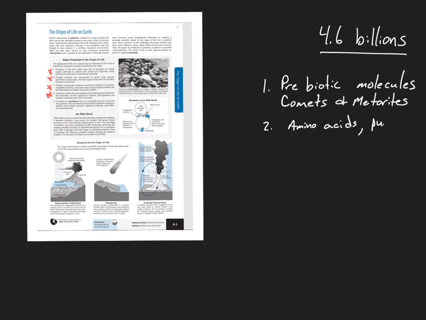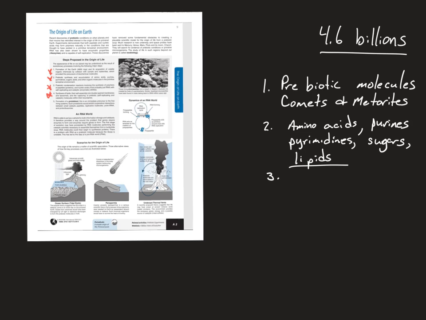Remember, purines and pyrimidines were the nucleic acid nucleotides, right? Those single ring and double ring structures. Sugars, lipids. These are all the things you would need to make the basic biomolecules that we've studied so hard over the last few months.